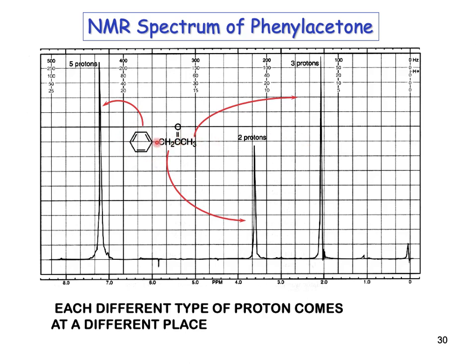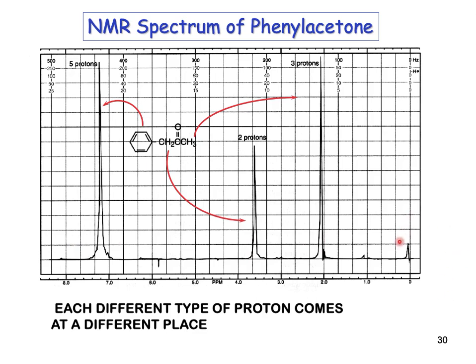One is the methyl, one is the CH2 methylene, and the third one is the 5 protons, which are the phenyl protons. That is why there are three peaks for phenyl acetone in the NMR spectrum.